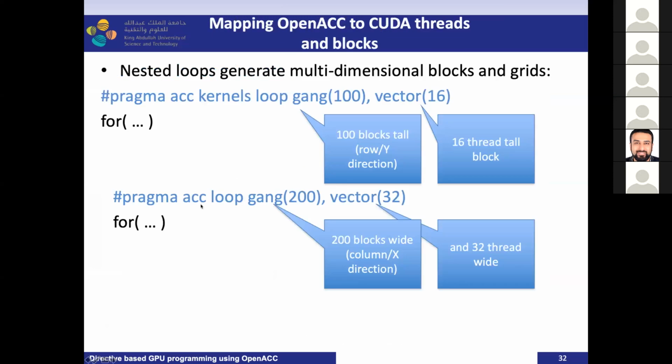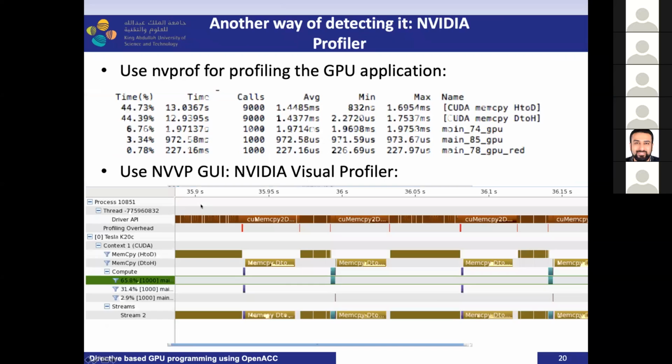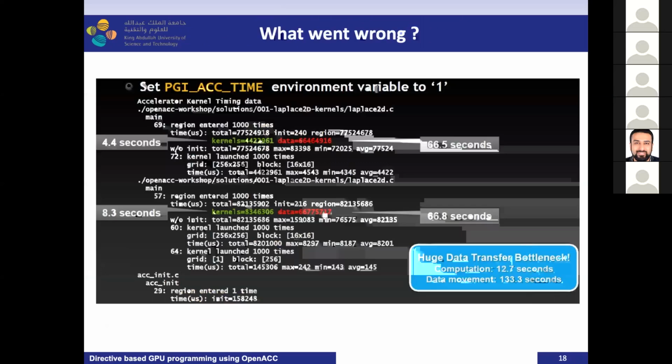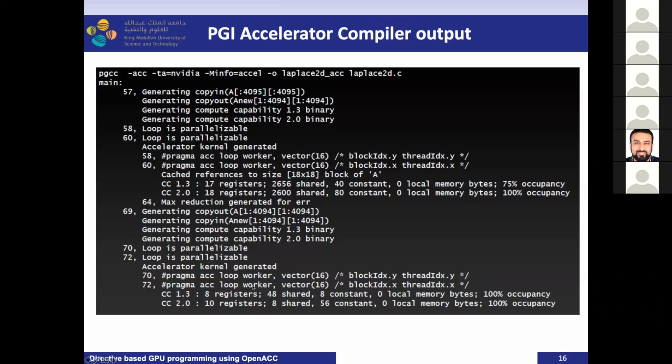Now, we would go back to the compiler output quickly, and you can see here that the compiler told us the number of gangs, workers and vectors that it used. You can see here that it put vector size 16 and some workers, depending on how it's going to execute. And we're going to overwrite those.